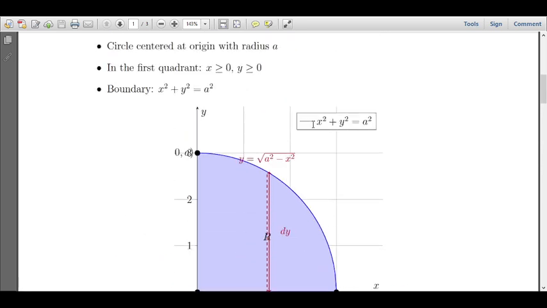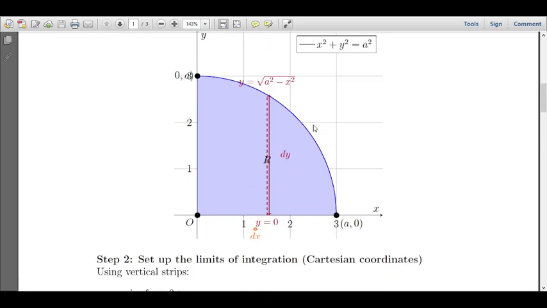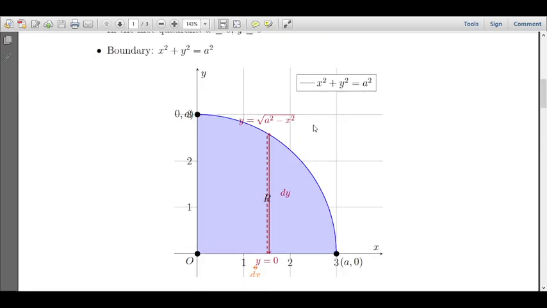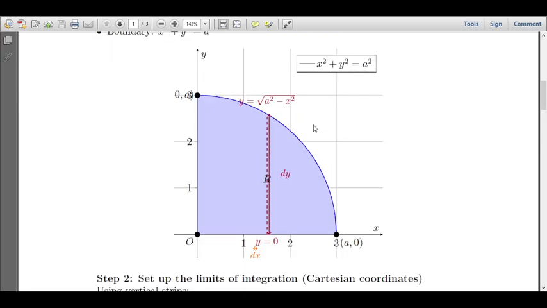Now I am taking the order of integration dy dx. That means first we integrate with respect to y, next with respect to x. So we will take a vertical strip. Now how to find the limits? Draw the vertical strip through the region and identify where the strip enters the region and where it leaves the region.